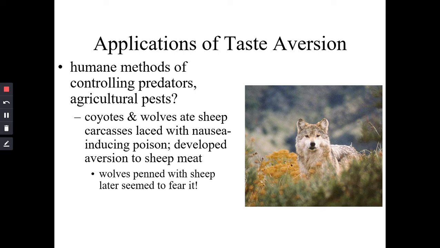They'll eat it. Now, they won't die, okay, but they'll get sick. And then the coyotes and the wolves will stop. They'll have a taste aversion to killing your sheep. So it's a humane way of getting coyotes and wolves to stop killing your sheep out in the middle of nowhere.